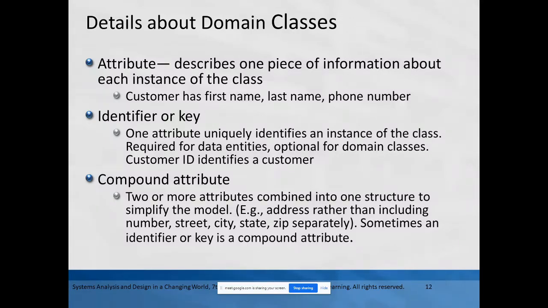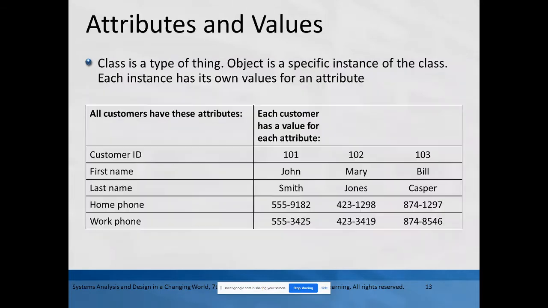But if you choose not to use a key for a domain class, you're asking for big trouble because you would have no way to identify individual instances of, or rows in the table, essentially, is what I mean by instances of data. You wouldn't be able to reliably pull data from the class if you choose not to use a key. So I would say effectively they're required for both. Practically, or technically they're not, but effectively they are required, these keys.